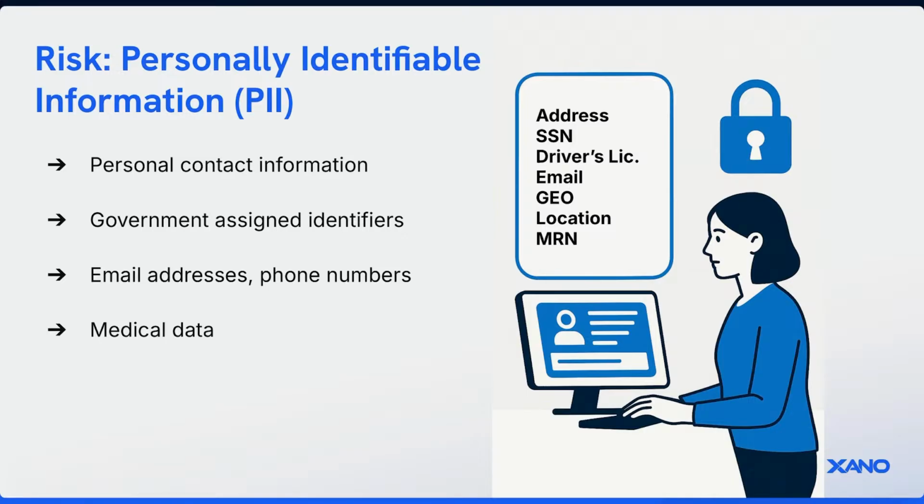I think everyone can recognize that that's a risk, and agents might pull contact information, government assigned identifiers, social security numbers, emails, and even medical data from your system. Not so good if you don't control it. Yeah, it's an issue.